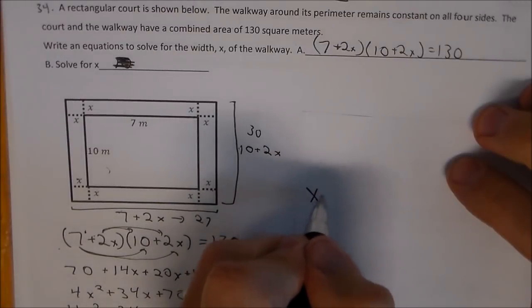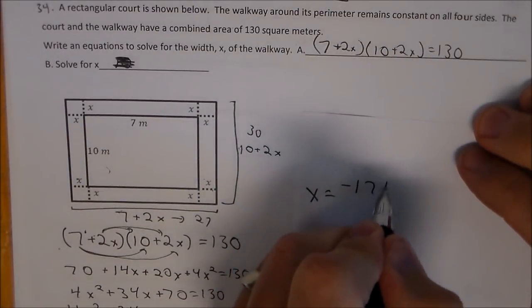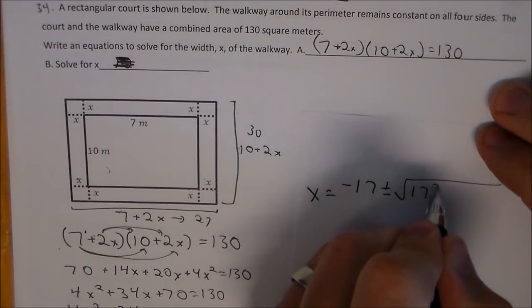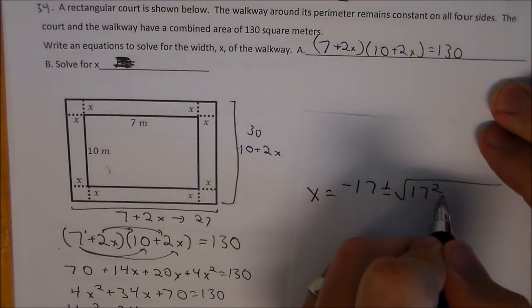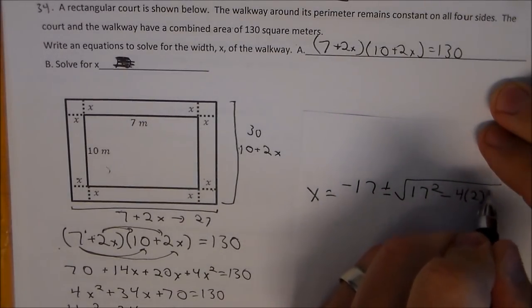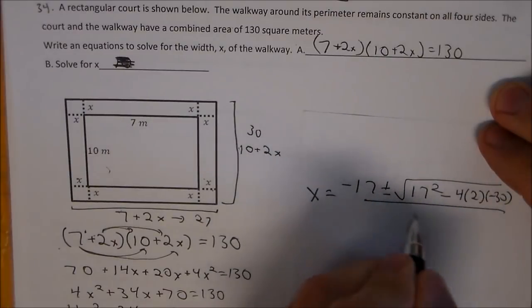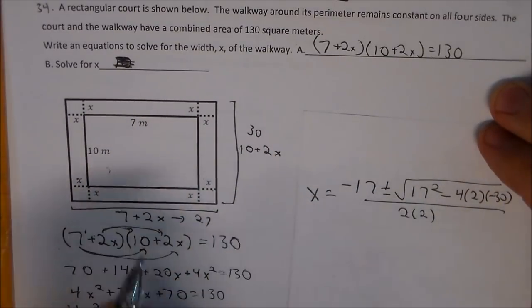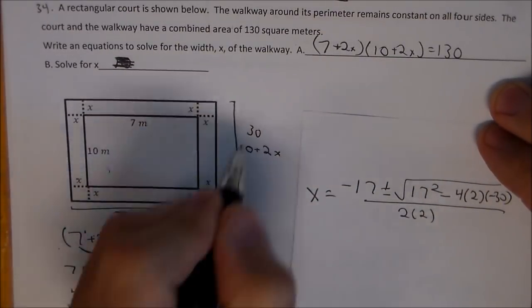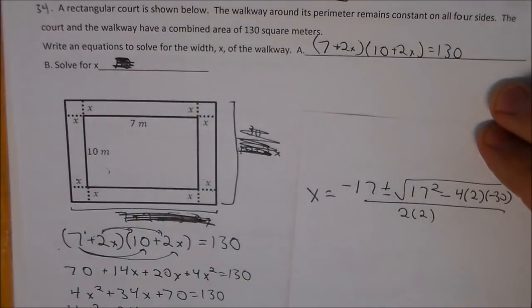So the quadratic formula is going to be negative 17 plus or minus the square root of 17 squared minus 4 times 2 times negative 30, all of it over 2 times 2. We're going to act like we don't see that writing there.